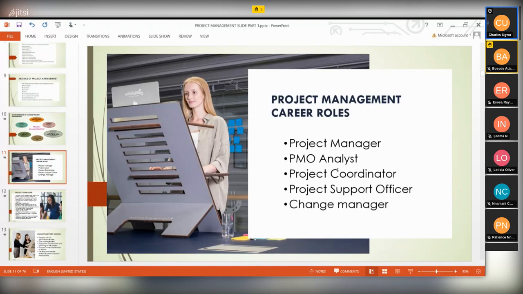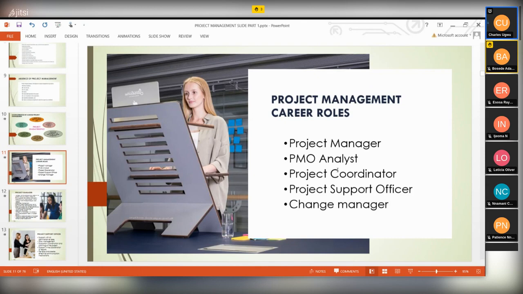One of them is a project manager, which is what all of you are aspiring to become. You are going to be a project manager after this program. Believe me, after managing the project that you are going to manage, you will know project management very well.